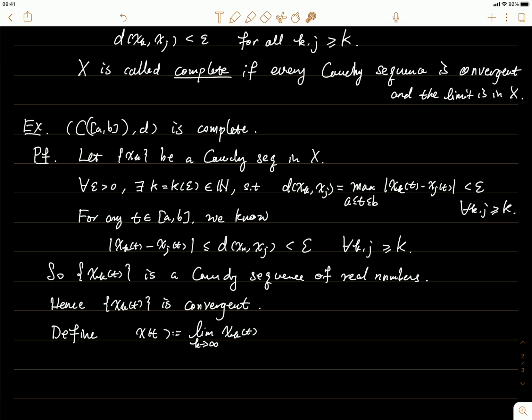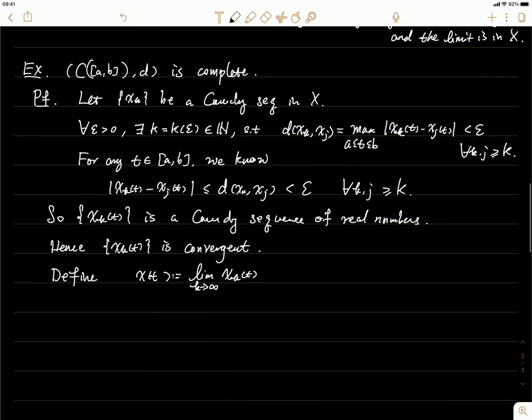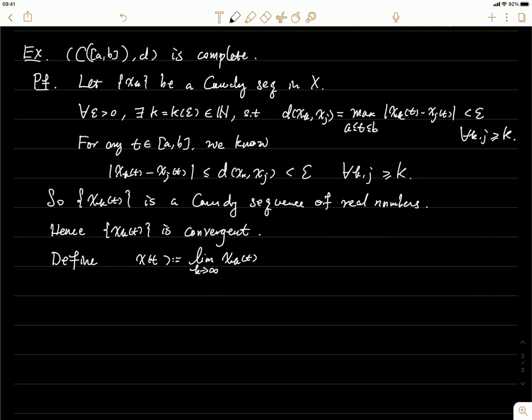But the question is, if this x is in C. Okay, apparently this xk is converging to x, because let me go and show you that the distance between xk and x.